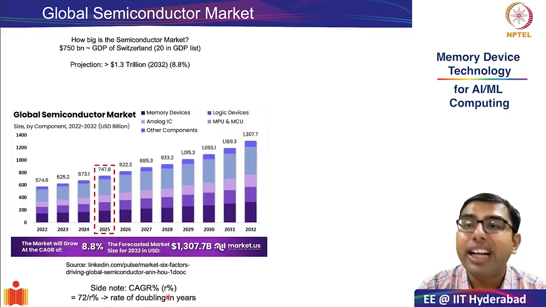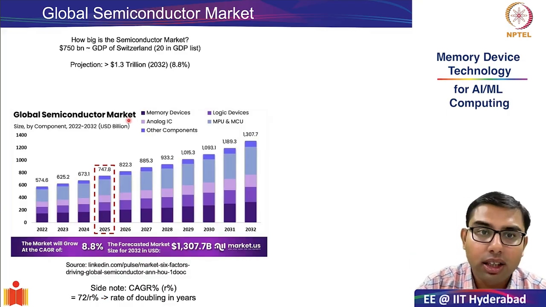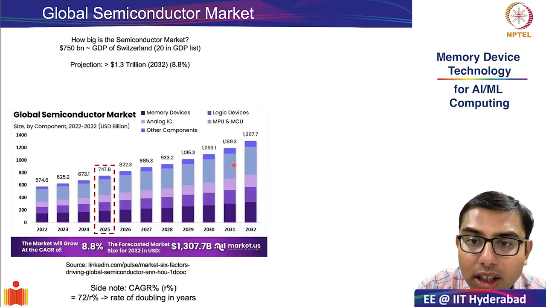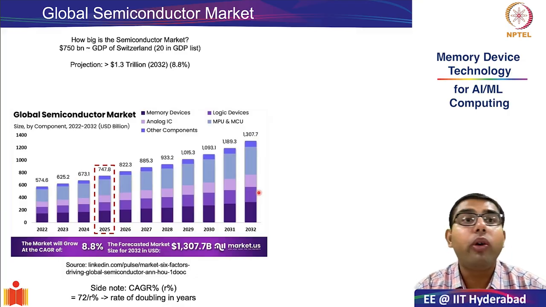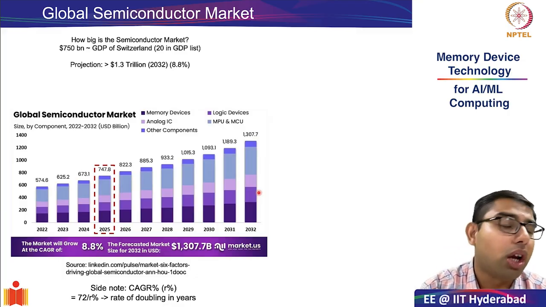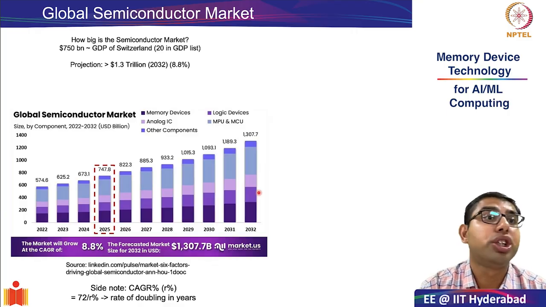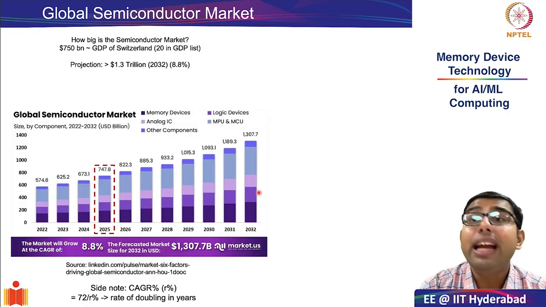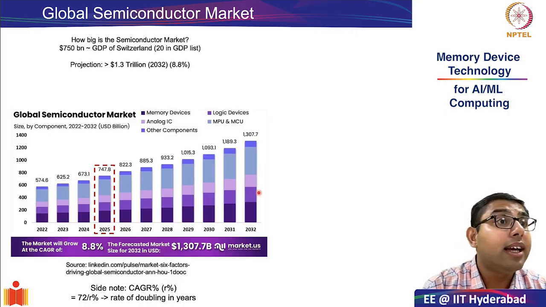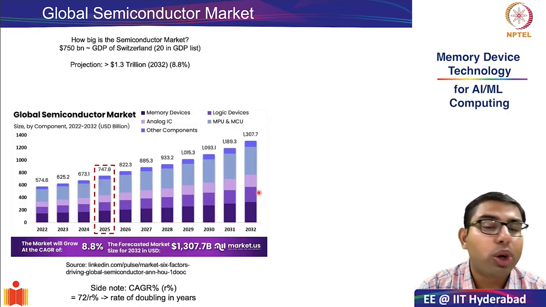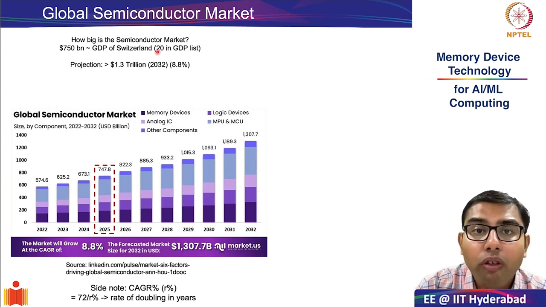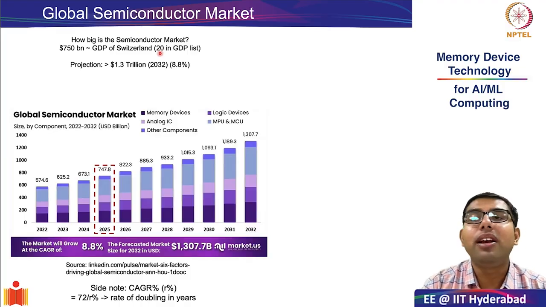At this growth rate, it is projected that by 2032, the semiconductor market will become equivalent to $1.3 trillion. That is a huge number. And if you look at projections, it is not very wild to guess that semiconductor manufacturing will soon go from 21st in the GDP list to 15th or even 10th.